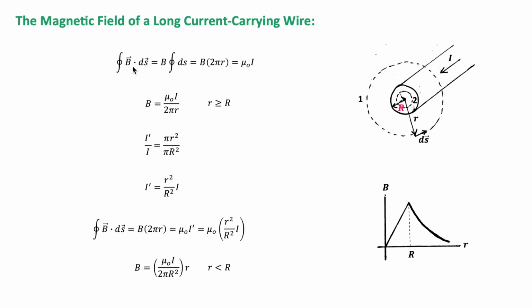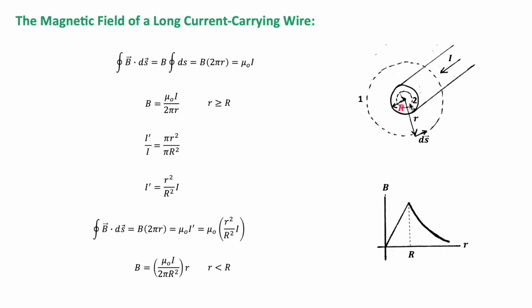From symmetry, B is constant in magnitude along path 1, and its direction is parallel to ds at every point of the path. So using Ampere's law, we get B is equal to mu naught I over 2 pi r for r greater than or equal to R. And I here is the total current in the wire, since all of it passes through the path 1.